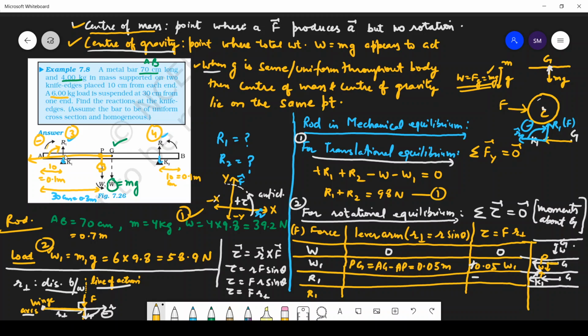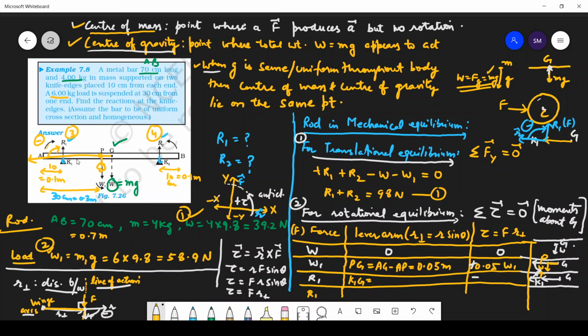This is GR1, so we can write it as K1G, sorry, not R1, K1G. So K1G is equal to how much?